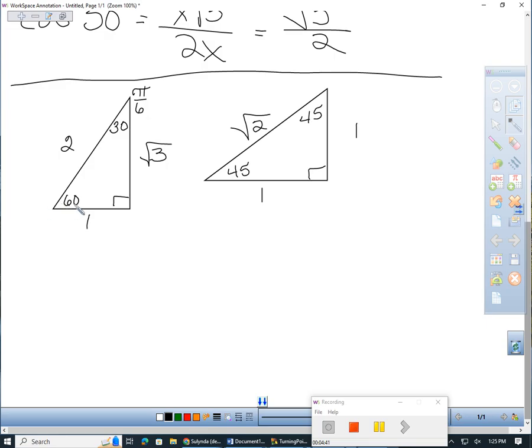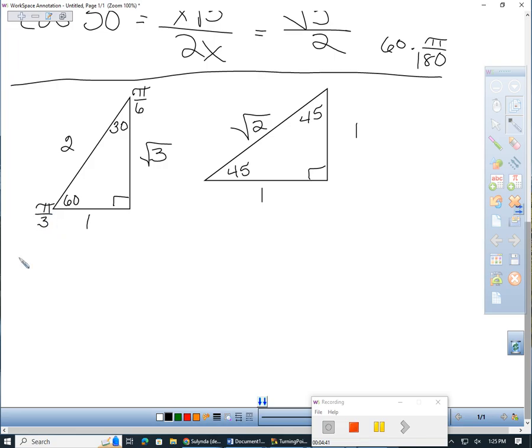So what is the radian measure for 60 degrees? I'm going to times it by pi over 180. What is my radian measure for 60 degrees? Yes, pi over 3, very good.